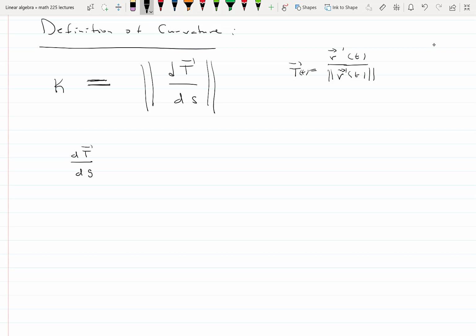Okay, so notice that dT/ds can be written, using the chain rule, as dT/dt times dt/ds. Or, treating differentials like fractions, (dT/dt) over (ds/dt).